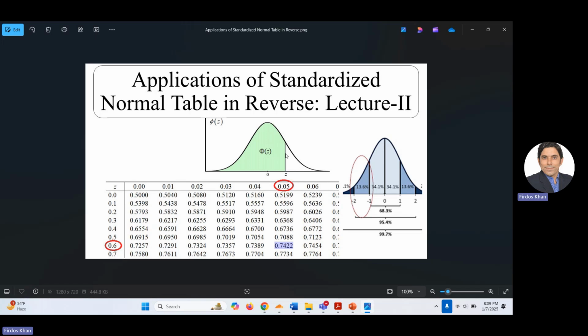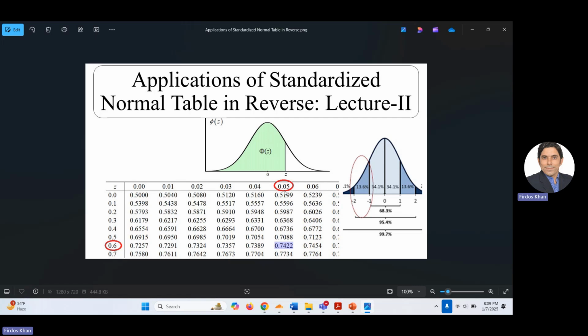Let's suppose the probability is 0.7422. For this value, the value of the variable, called z in this case, is 0.65. So if this probability is given and you are asked to find the value of z, then that is 0.65. This is the value of the variable for the given probability.